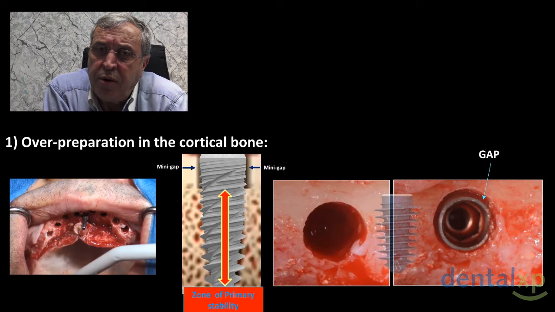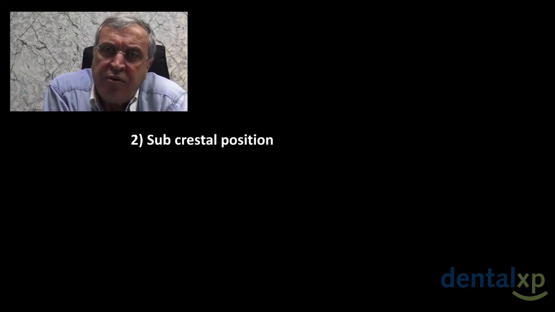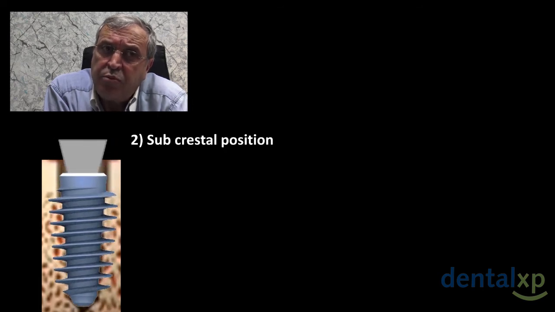When you place an implant, you see a gap around the implant. Means it's only in the cortical, means there is no pressure. And we are sure that this bone will be a de novo bone which will never disappear. We can also place the implant in subcrestal position.